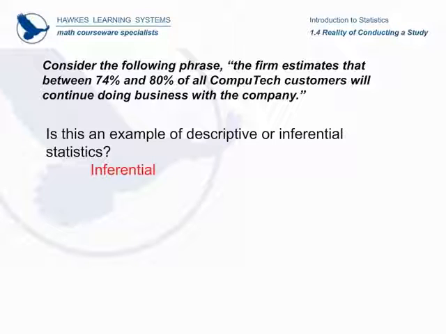Well, it's an example of inferential statistics because we took an entire population, chose a sample from that population, and then inferred or predicted from the sample a characteristic of the population. So that would be inferential statistics.